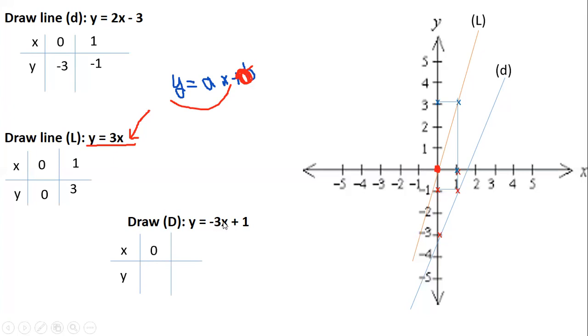Minus 3 times 0 is 0, plus 1 is 1, so y is 1.